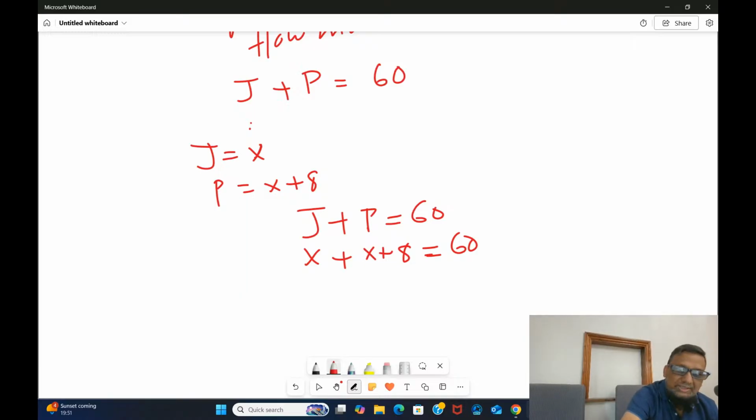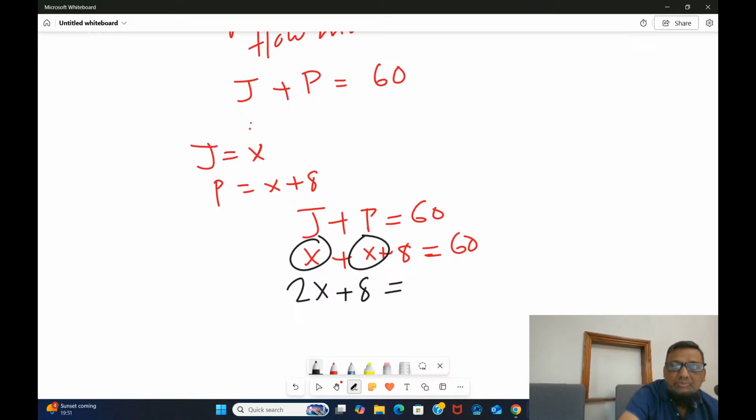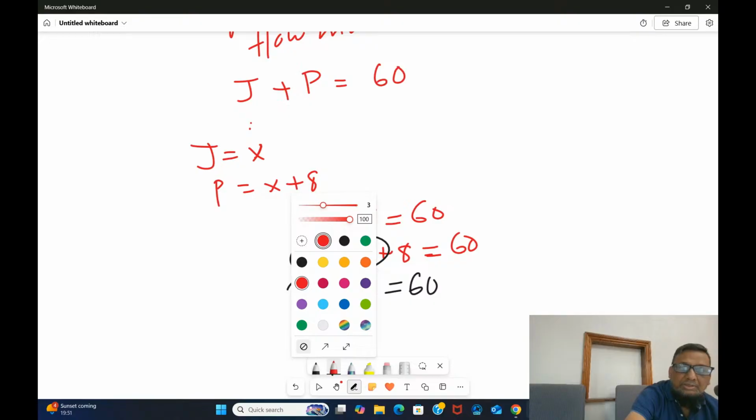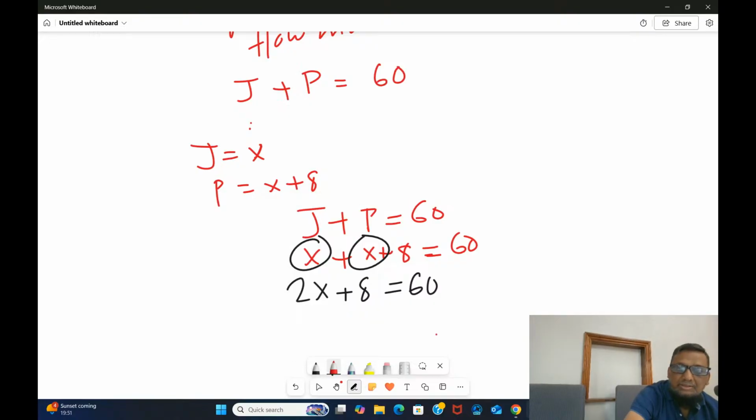At the very start of the lesson, I asked you how to collect the like terms. So look at this one: X plus X is 2X, plus 8 equal to 60. So this is 2X plus 8.